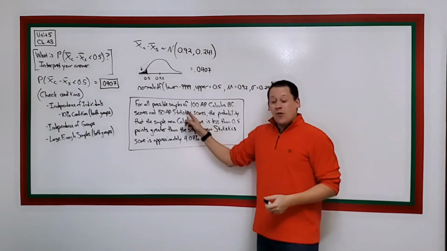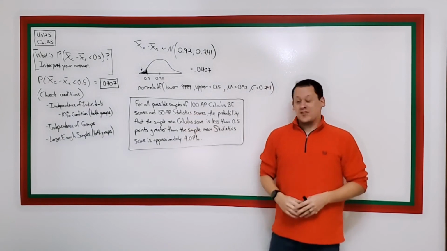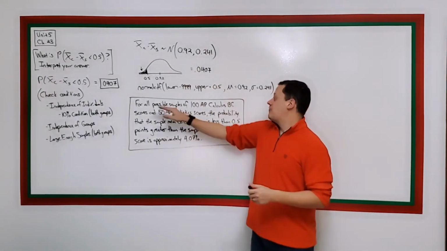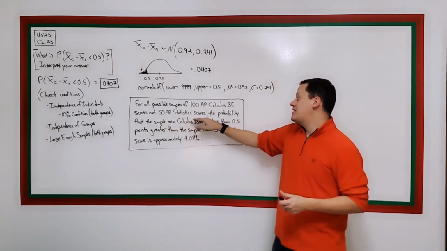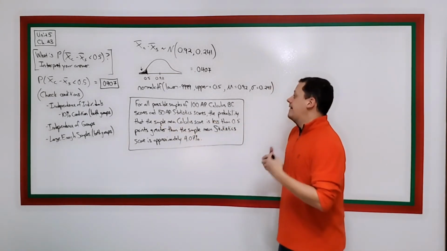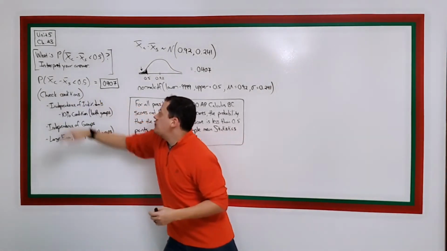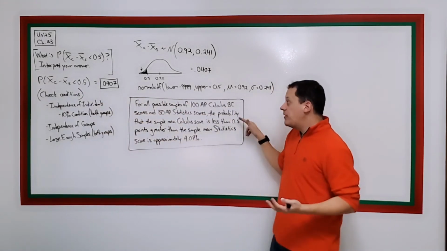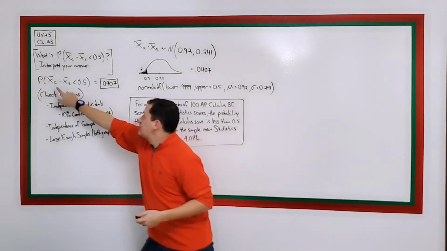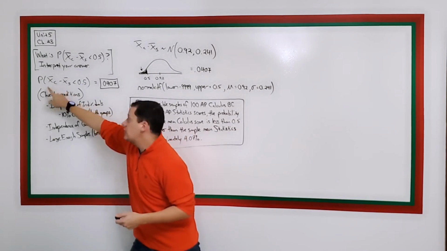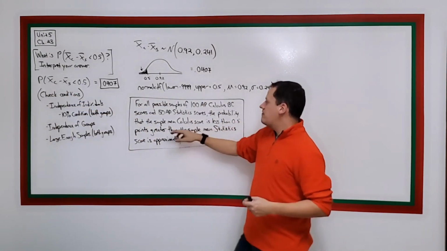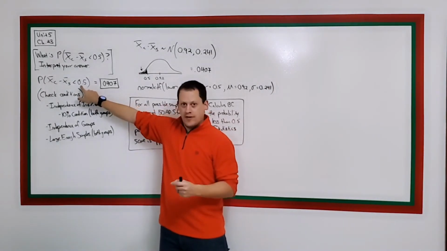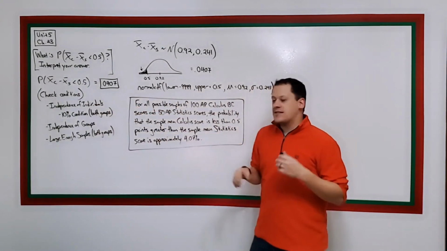It starts the same way as I interpreted the parameters of the sampling distribution for all possible samples of 100 AP Calculus BC scores and 50 AP Statistics scores. Now, we interpret what this statement means? Well, it's the probability that the sample mean calculus score is less than 0.5 points greater than the sample mean statistics score.